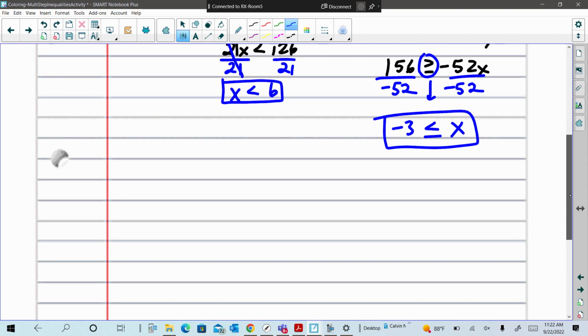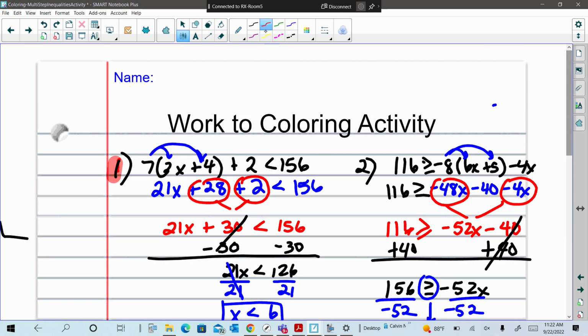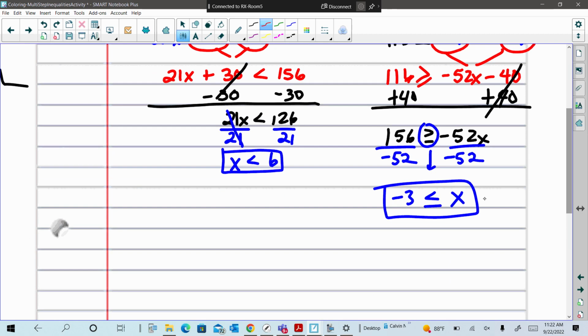You just need to know that this basically is saying that negative 3 is greater than or equal to x. So if it's greater than or equal to x, which one is bigger, the negative 3 or the x? The negative 3, because it's greater. So another way of saying that is x is smaller than that.